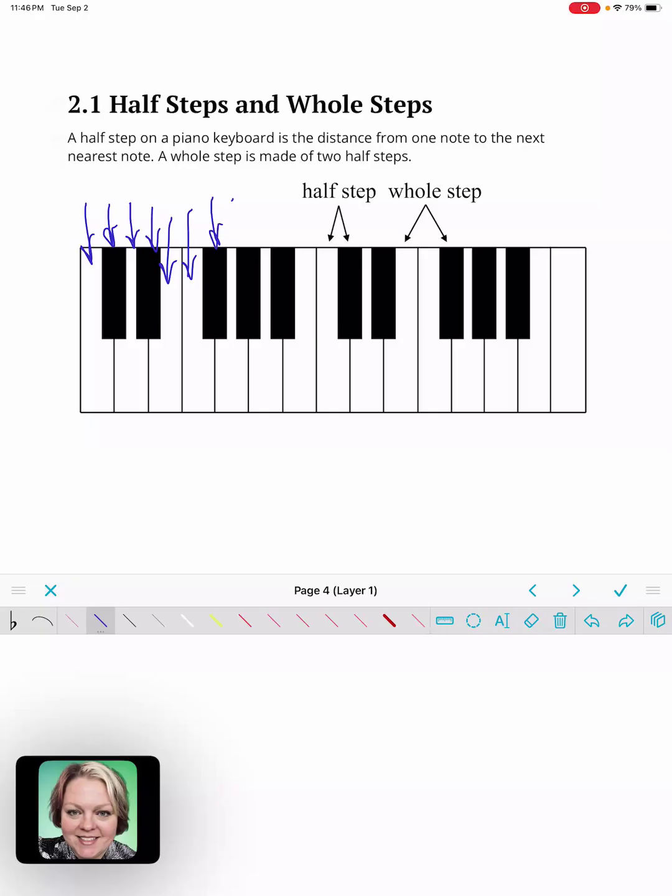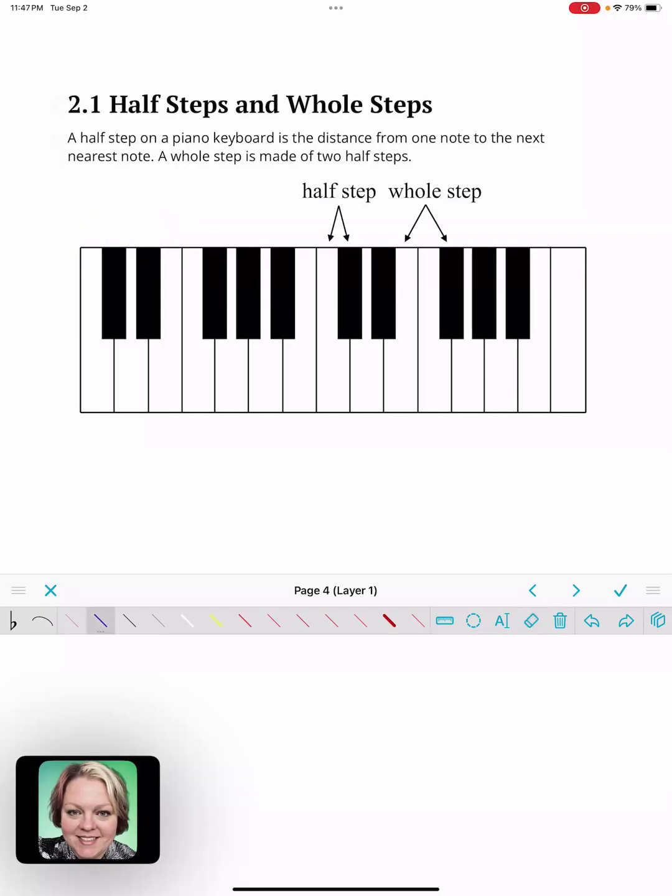And then we get black, white, black, white, black, a couple white keys in a row. And then it keeps going like that. So when you say move a half step, it just means go to the next key. And that can be in either direction.